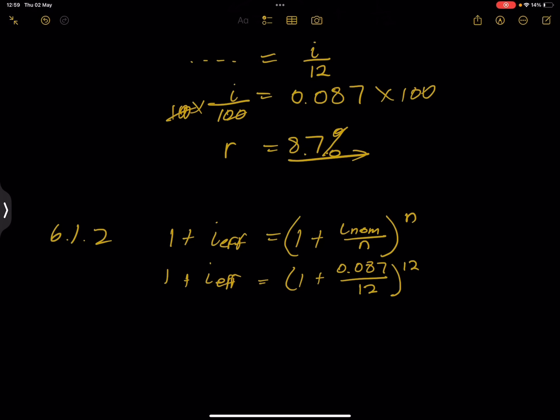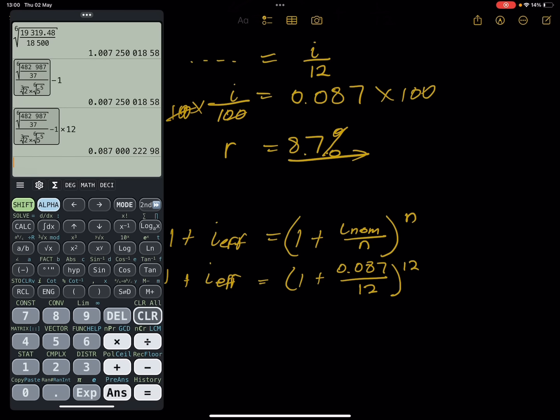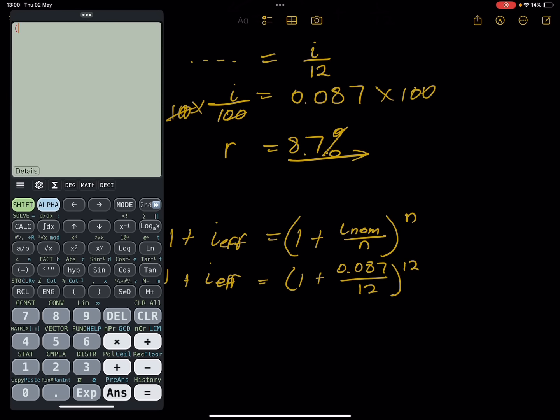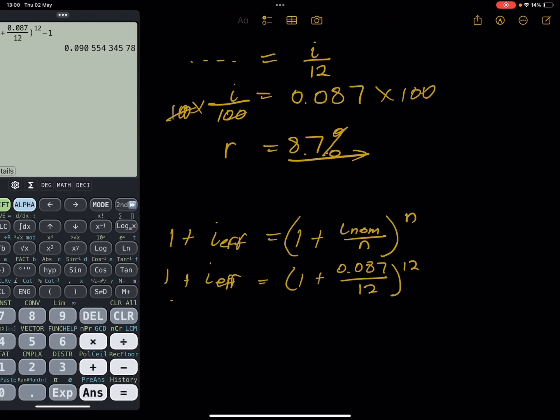Let's get that effective interest rate quickly. So it's going to be that entire bracket. So that's 1 plus 0.087 over 12, this is y to the x, 12. We get that answer there. And I'm going to say minus 1, because of that 1 that's on the left-hand side over there.